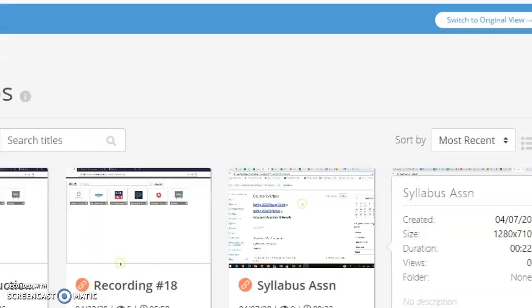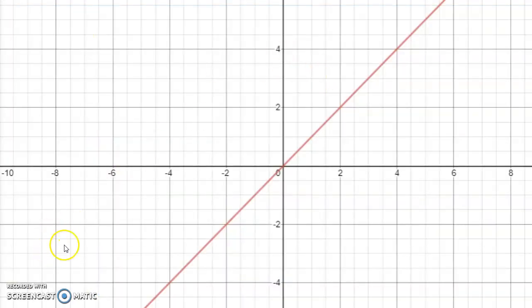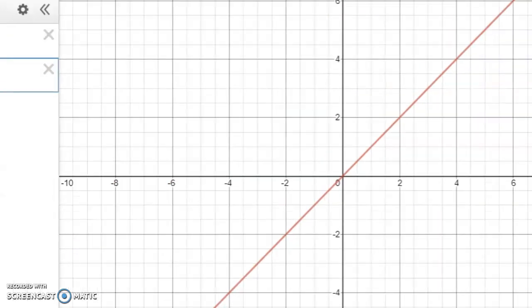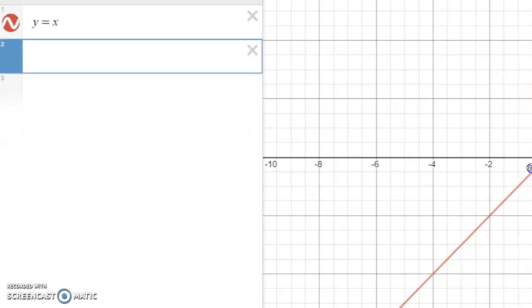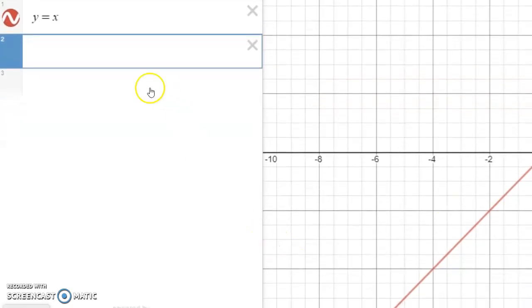So, we've been doing the Desmos calculator. And I wish I had made this a little bit bigger for this. But, right here, you're just going to type in, I got the y equals x already. So, y equals x minus 1.